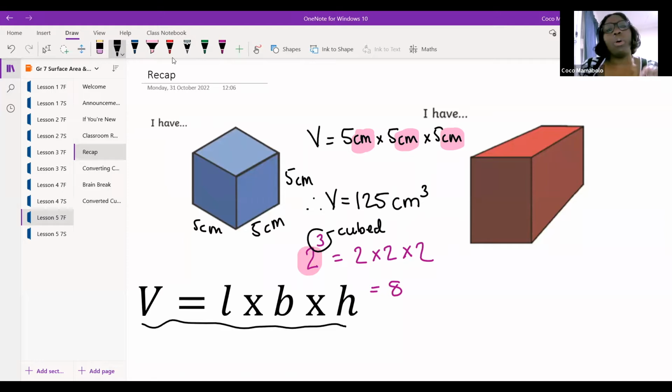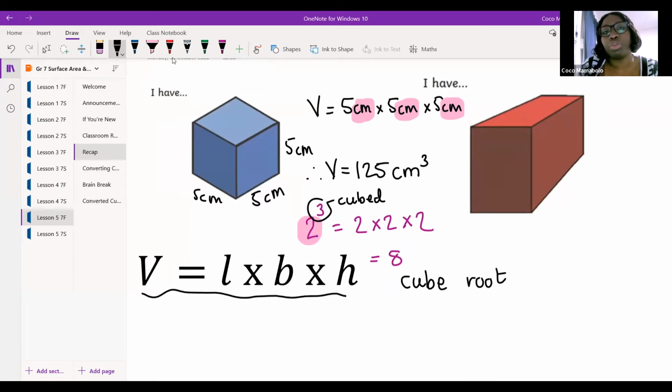Now, when I say that I'm looking for a cube root, what I'm saying is I have 8 and I want to know which number do I need to take and multiply by itself 3 times in order to get 8. Now I'm saying 2. I gave you guys the answer. I can't believe this. Okay. Which number do I need to multiply by itself 3 times in order to get 8? Yes, Roland.